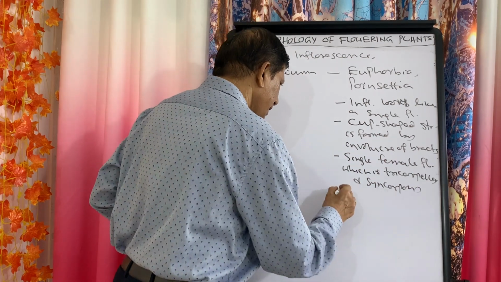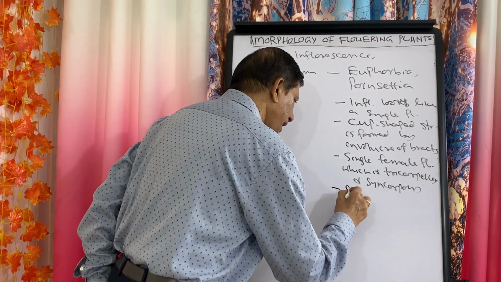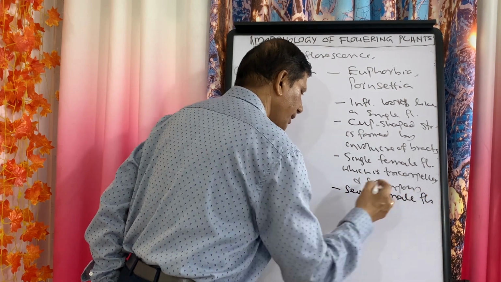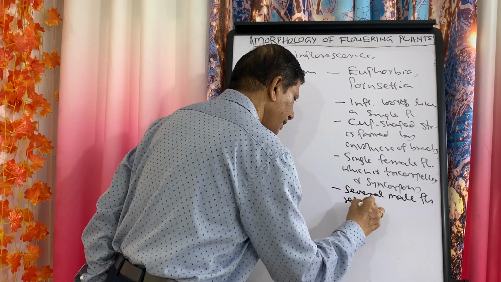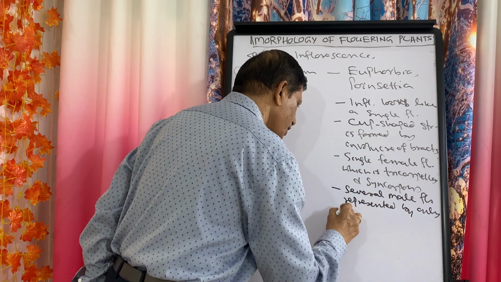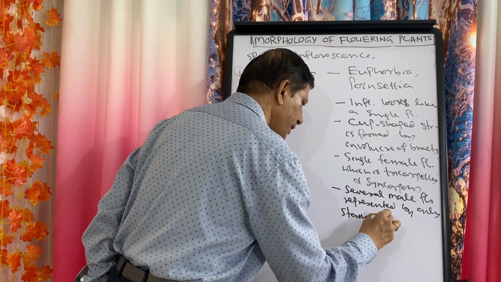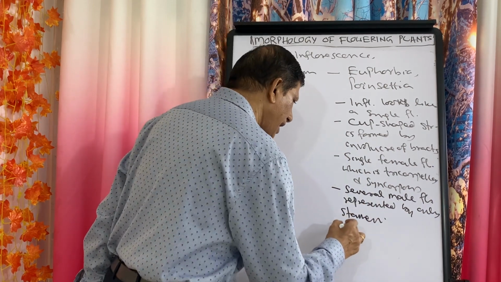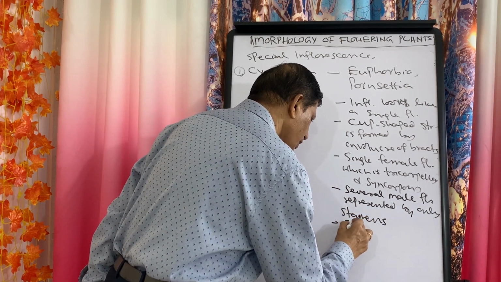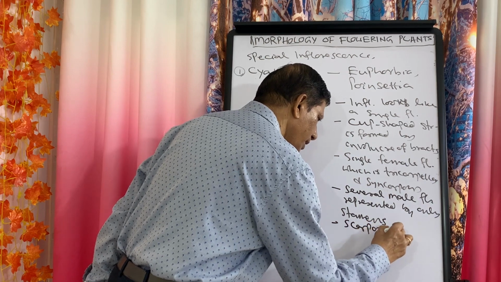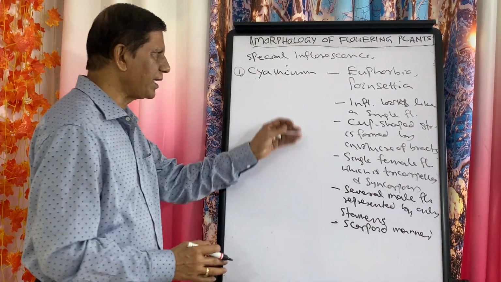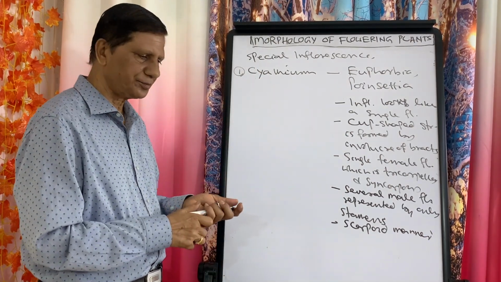And there are several male flowers represented by only stamens, and they are arranged in a scorpioid manner. These are some of the important characters of this cyathium.